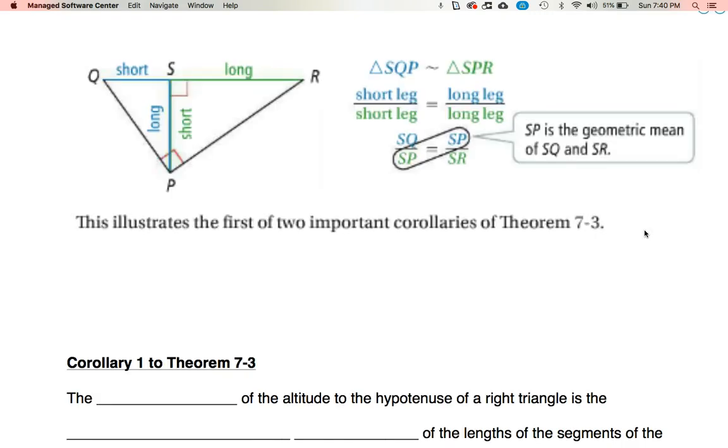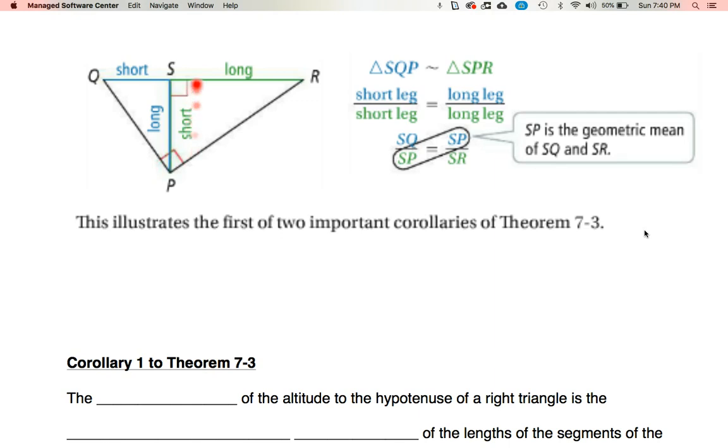All right. Here's some illustrations here that show you how geometric mean applies to this triangle with this altitude. So if you take the triangles that are similar, the short leg is actually the short leg in this smaller triangle and the short leg in this medium triangle.